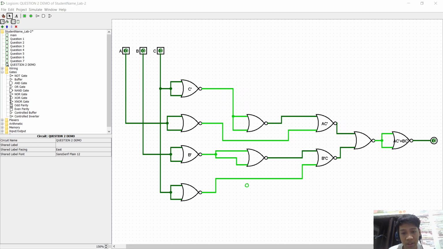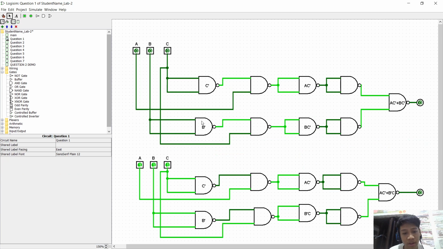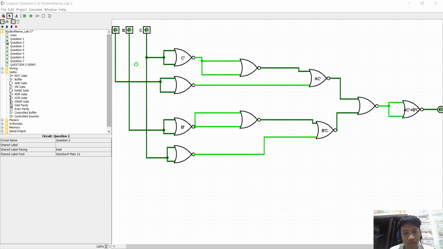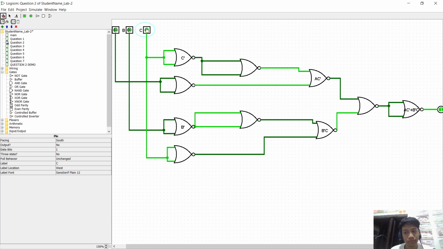To prove that it is the same, we have the three inputs here as 0. We also have a 0 output here, which, if we go back to question 1, is the same. With the C input of 1, the output will be 1.